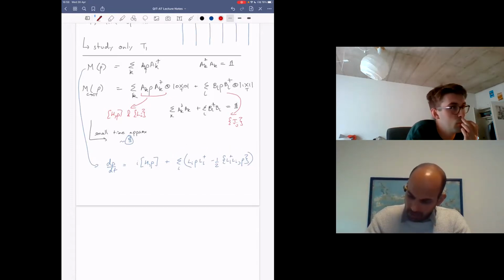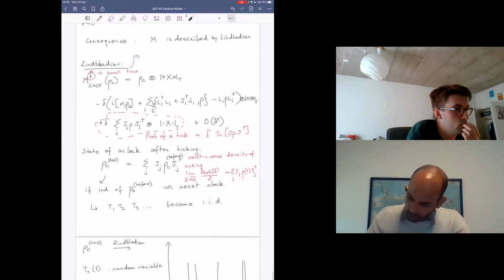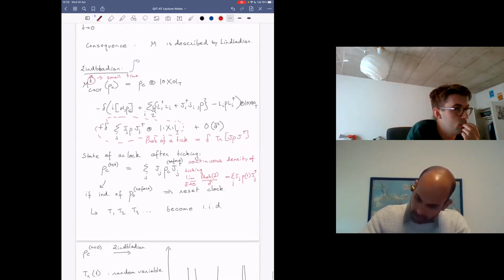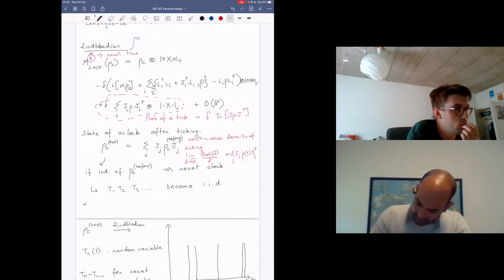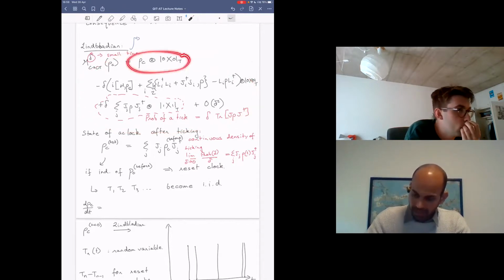And so the end result of that process is to get this Lindbladian, where note the following: if I take this into a Lindbladian, dρ_clock/dt, and just trace out the register, I take the limit of this minus the undisturbed state, divide by delta, and take the limit of delta going to 0.